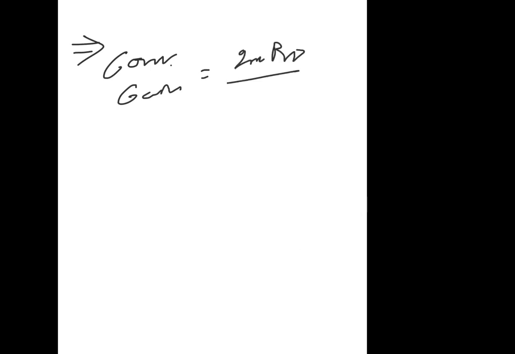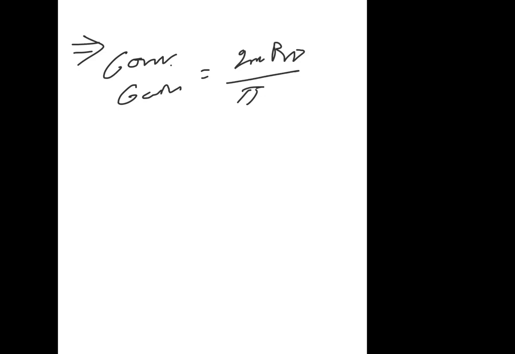So if we want to find the conversion gain, let's say conversion gain, it was GM times RD over pi.